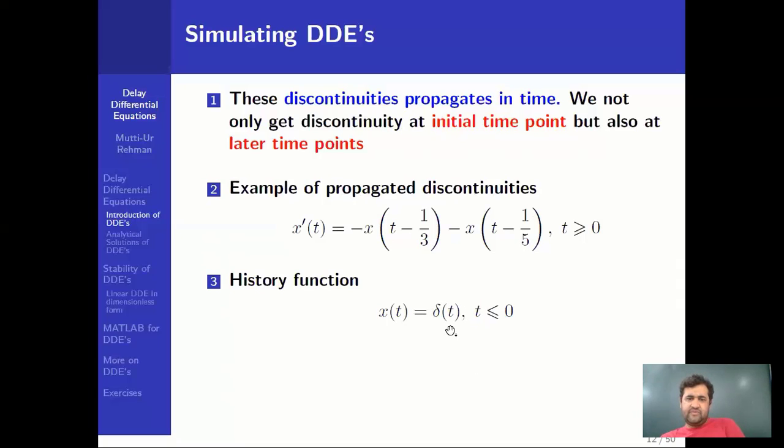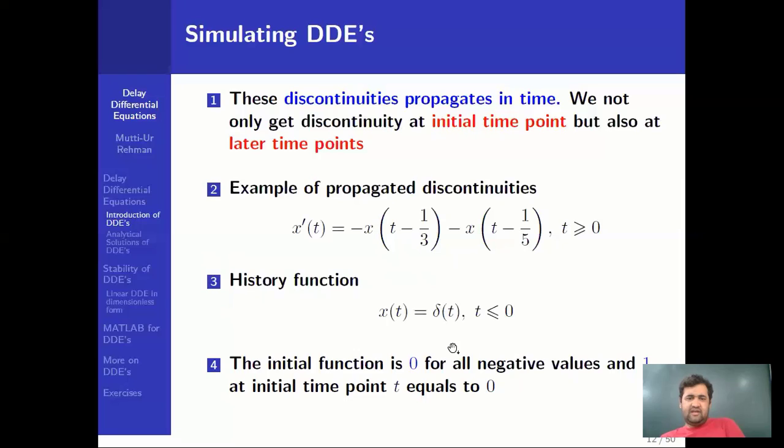If I choose this as my initial or history function for negative times, I can set it to be 0 for negative values, and at the origin exactly equal to 1. Then we will get these jump discontinuities at these points.